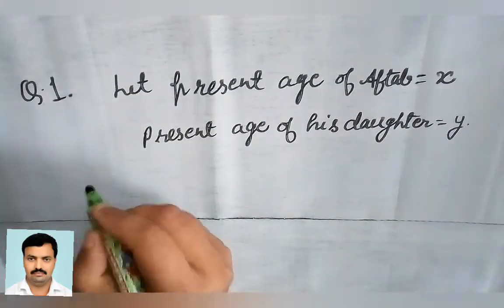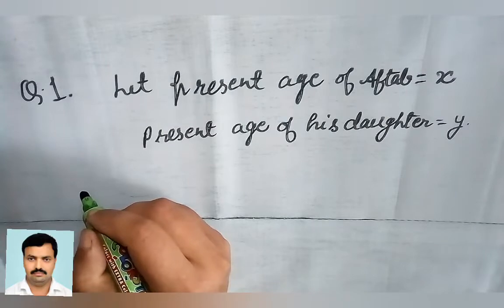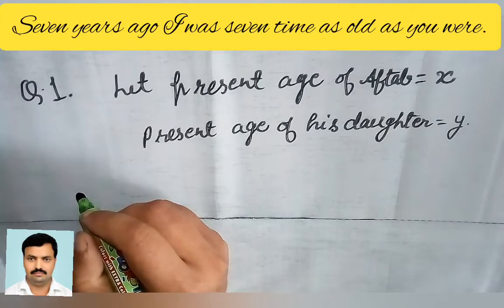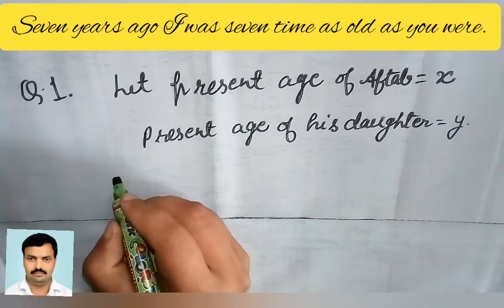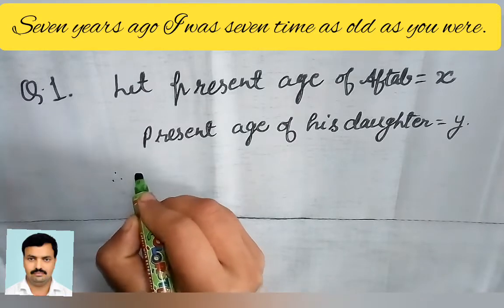Now remember the first condition, 7 years ago. So what will be their age 7 years ago, because the first relation was in the ages which were 7 years ago.